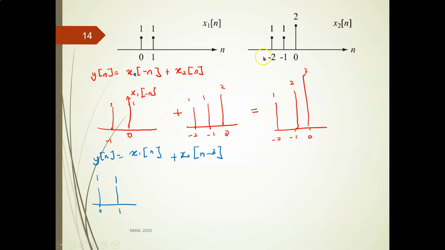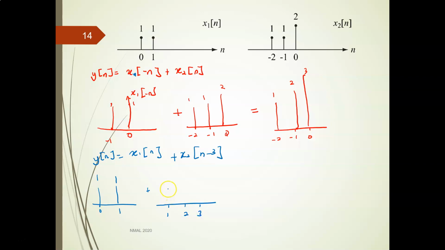And x2[n-3] is the x2[n] signal, which is delayed to the right by 3 steps. So instead of starting at -2, it starts at 3 minus 2, which is, okay, this is plus, it starts at 1, 2, and 3.